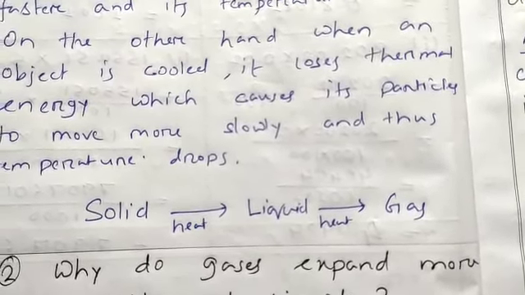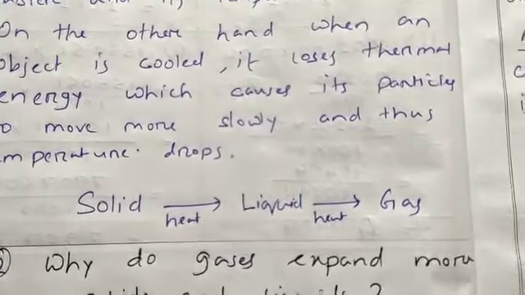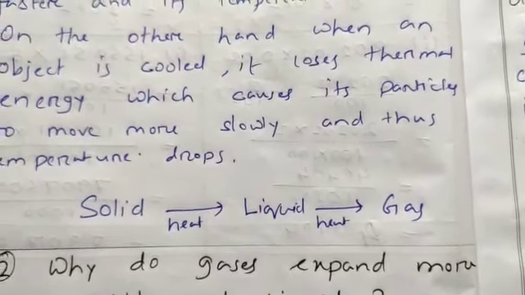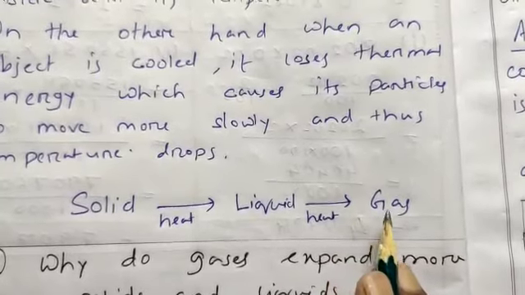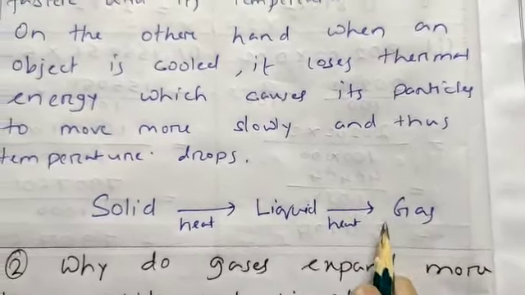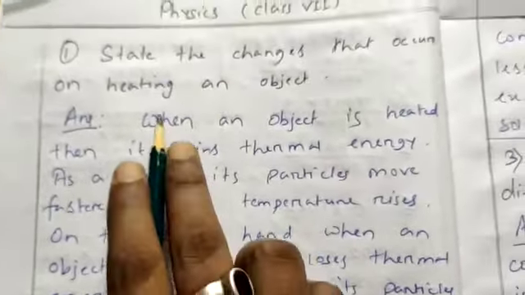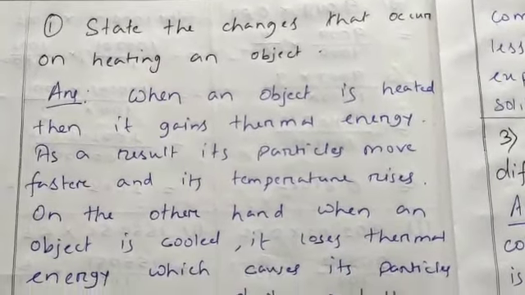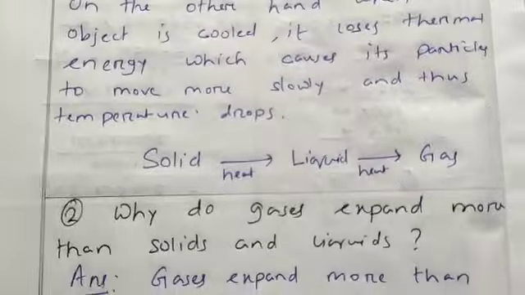Again, when that water is heated to 100 degrees centigrade, it transforms into the gaseous state. So this is the change of state, from solid to liquid and liquid to gaseous.